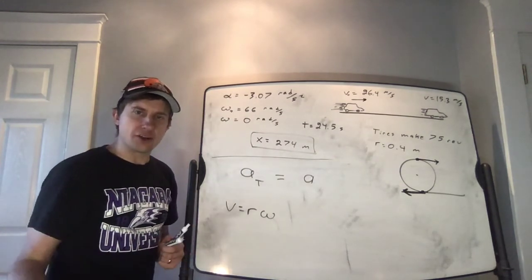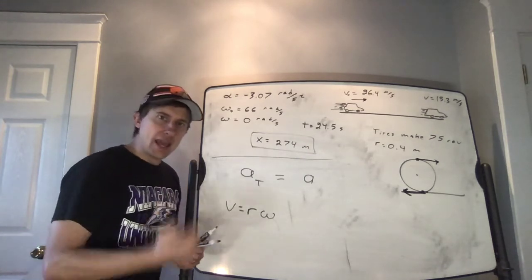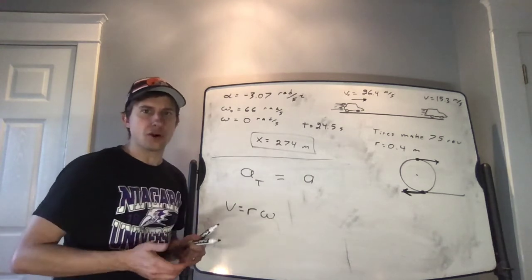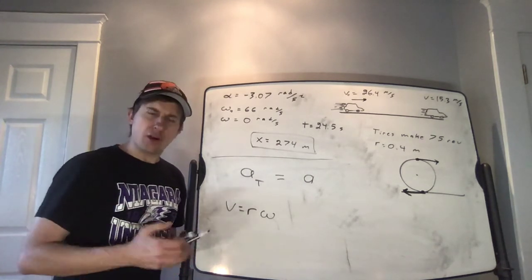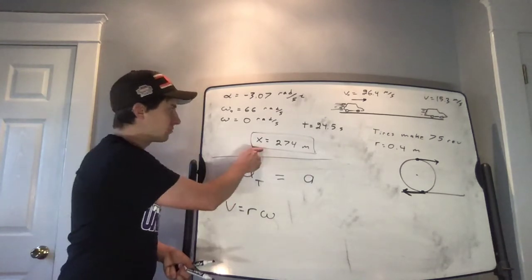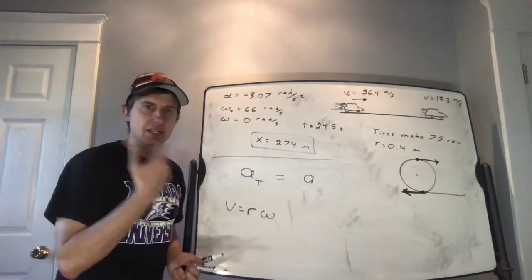And once you have the linear acceleration of the car, you could treat it like a 1D motion problem. And you should find that the distance the car travels is about 274 meters. When I went through this calculation, I got a number that was slightly off from what I found here, but that was due to rounding and, in my opinion, isn't any real difference.